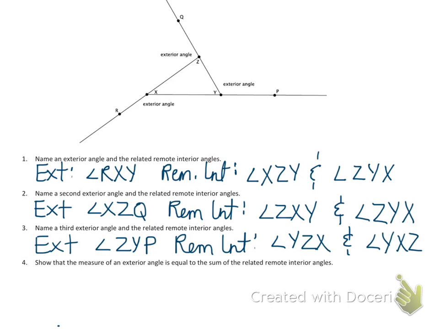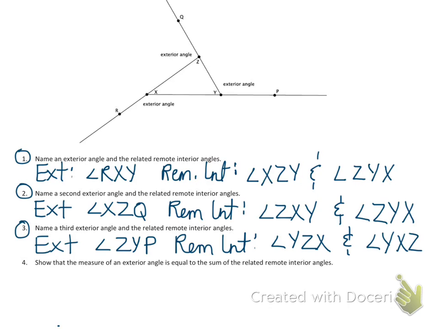All right, so here are some sample answers for these first 3. You're supposed to name the exterior angles in each of these. You could have these in any order, 1, 2, and 3, because it just depends on which exterior angle you chose first. So once again, I'll just go over number 1.